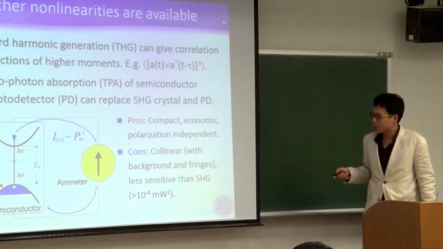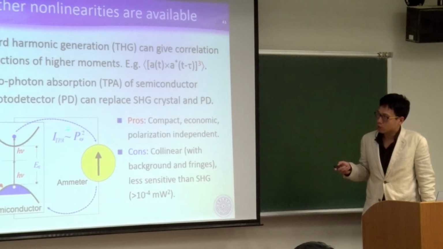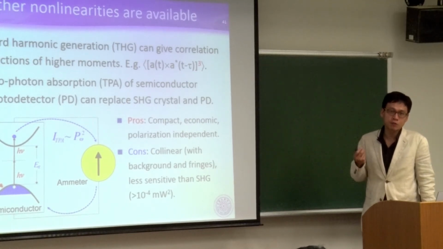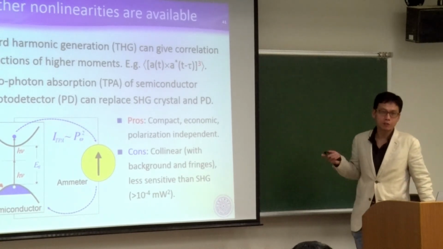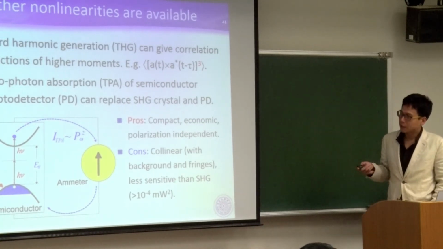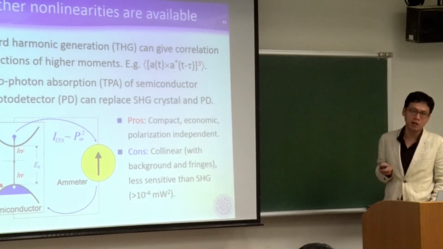Besides, it's less sensitive than SHG. With the two photon absorption scheme, you need higher input power to have sufficient signal-to-noise ratio for this measurement. The record is 10 to the minus 4th milliwatt squared if you use two photon absorption. And in our experiment, the number can be as low as 10 to the minus 9th milliwatt squared if you use second harmonic generation.